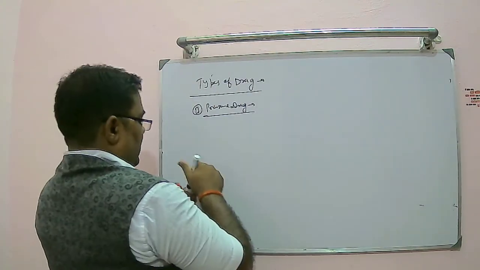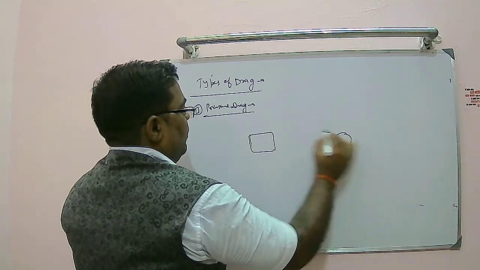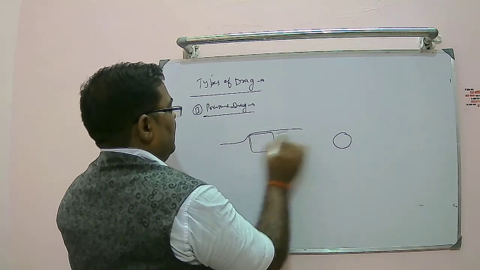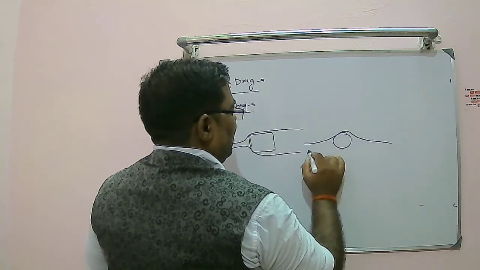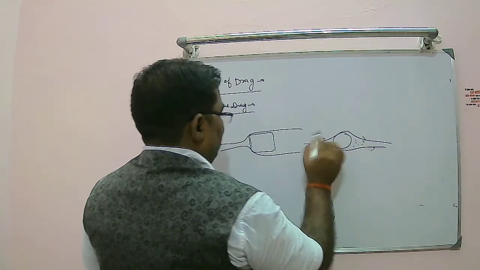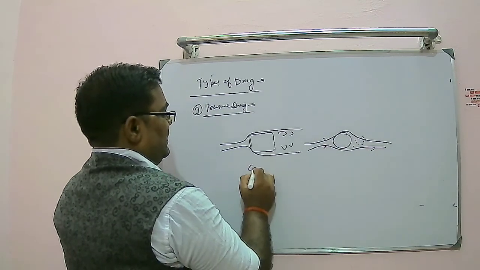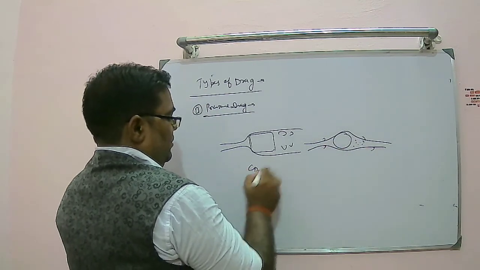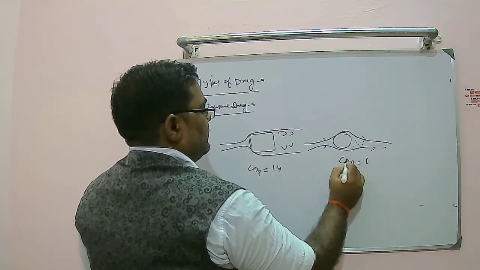So if I am considering this case 1 and this case 1, in this case, you know, flow will get separated like this. Right, in this case flow will at least travel and then it is separating, right. So we will have this much range of what we say wake region. So in this case, if we say coefficient of pressure drag is 1.4, here CDP will be only 1, right.